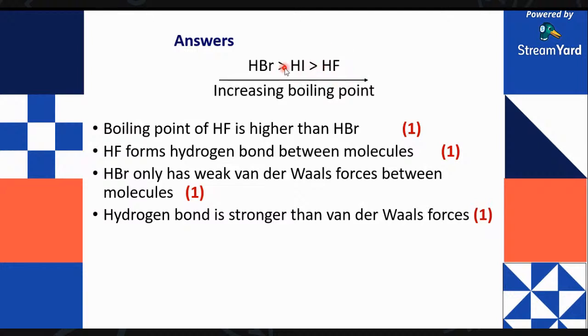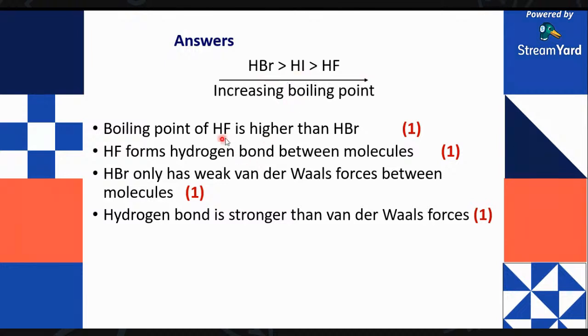So please take note, this is wrong; the symbol should be inversed. Hydrogen bromide has got the lowest boiling point. Hydrogen fluoride has got the highest boiling point. Please take note, these are actually common mistakes you make as students. I'm glad I made this mistake because these are the common mistakes that you make as well. So please be very, very careful in using these symbols.